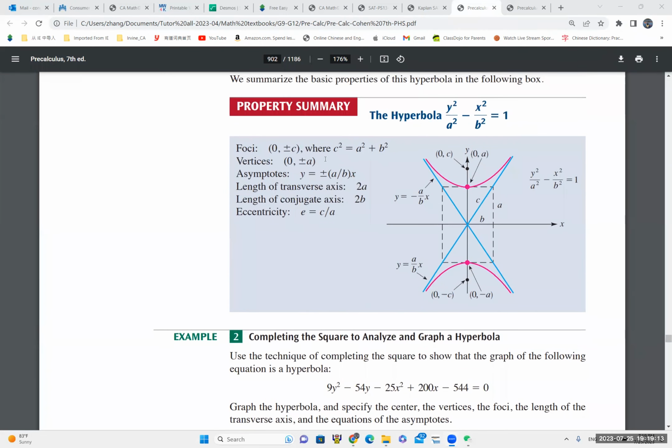So they are kind of different. c is longer than a, isn't it? The asymptotes this time are y equals a over b. 2a, 2b, c over a.